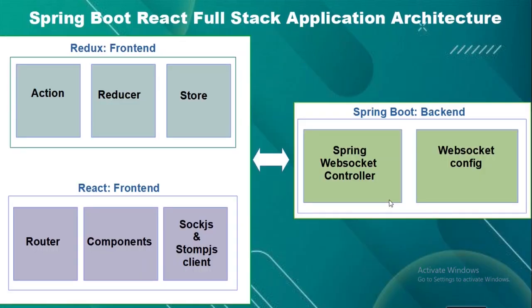So here is the Spring Boot React full stack application architecture. You can see here is the front end where we use Redux and React, and we use the SockJS and StompJS client to communicate with our backend, so that we will have full communication between the backend app and the front-end app. Later we will give a quick overview of Redux, where you will learn about actions, reducers and so on.